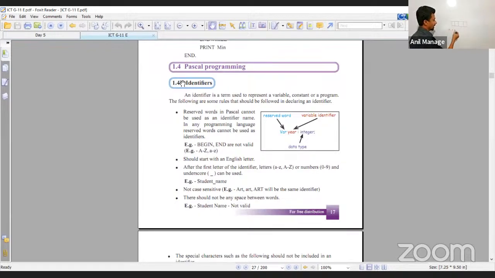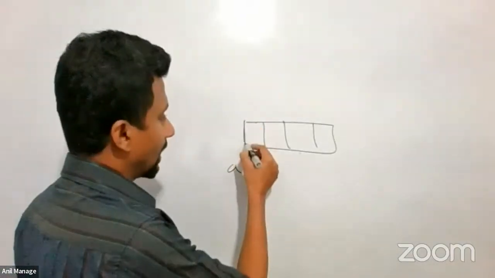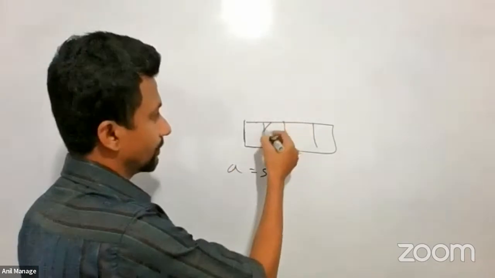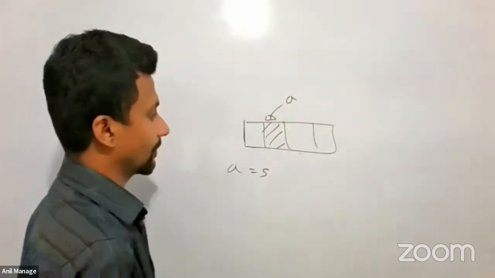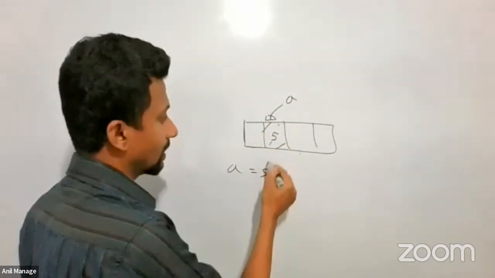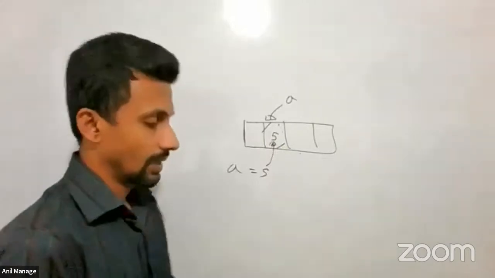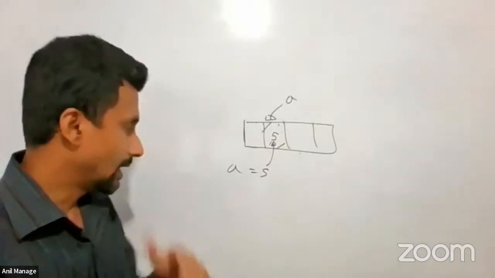As an example, if I put A equal 5, that means it will take a location inside the memory and it is named A. And the value 5 will be stored inside that memory location. That is what happens when you are taking the identifier.